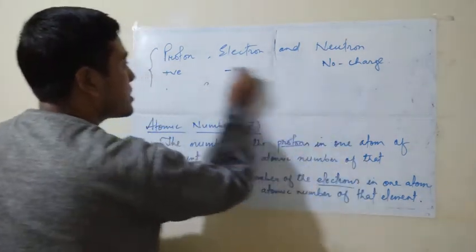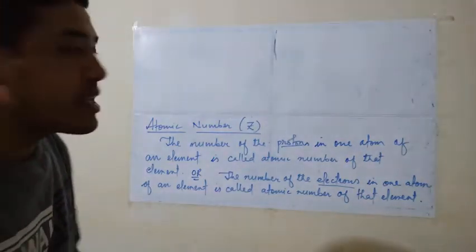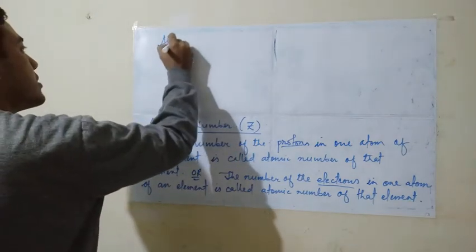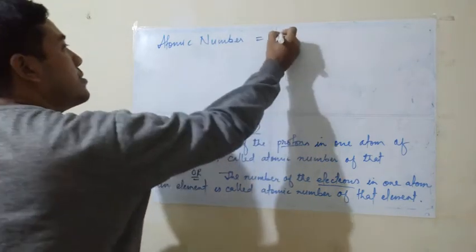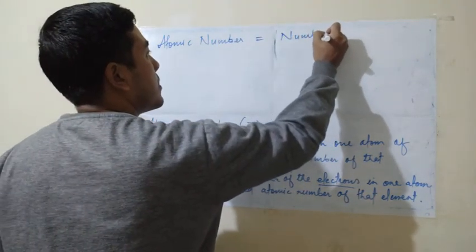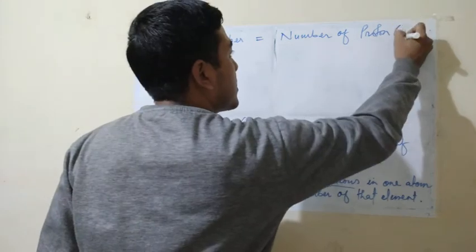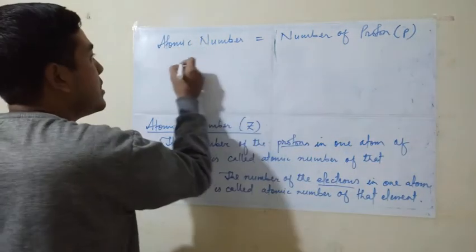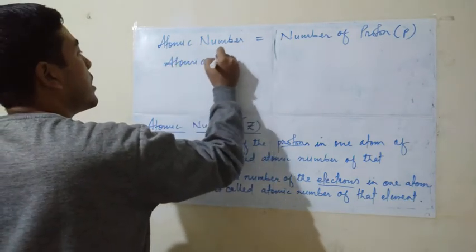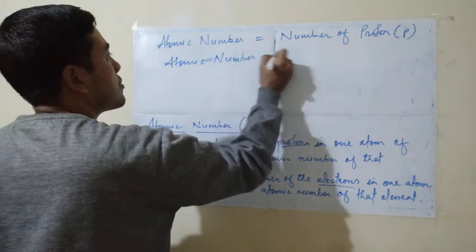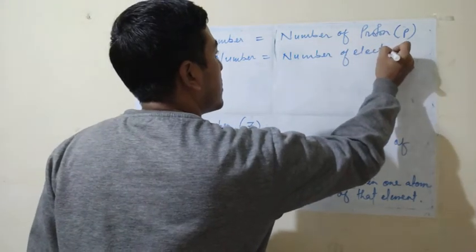Now, from these two definitions, we can understand that this atomic number is equal to the number of protons, the proton we can note by P, or this atomic number is also equal to the number of electrons.